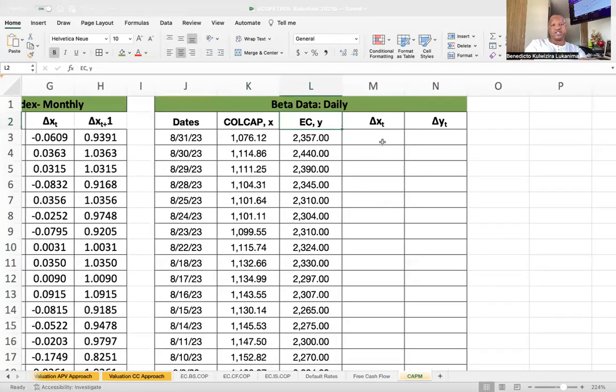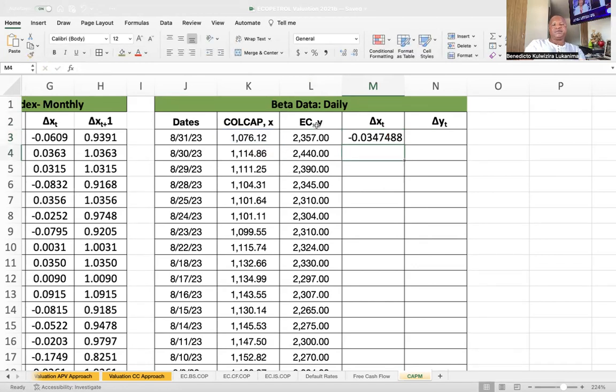So first calculate a change. Change means the return. In this case, there will be daily returns because the frequency is daily. The return simply means a change from one period, current minus previous, divided by previous.